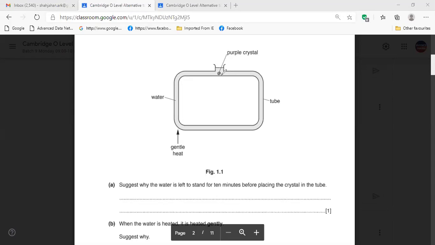That's why we have to wait some time for the water to be settled. Is it clear now, Tamjid? Yes, sir. Okay, write it: to allow the water to be settled.